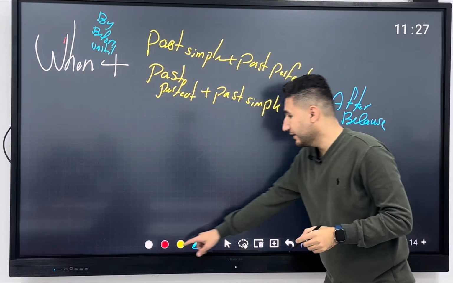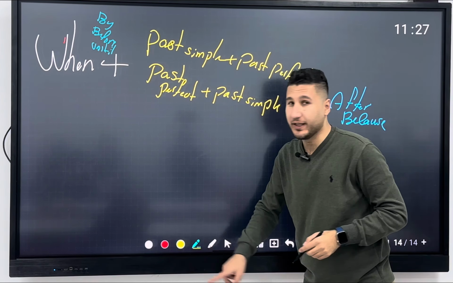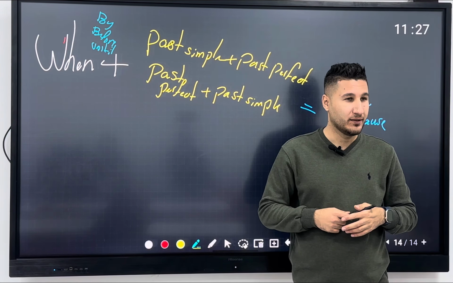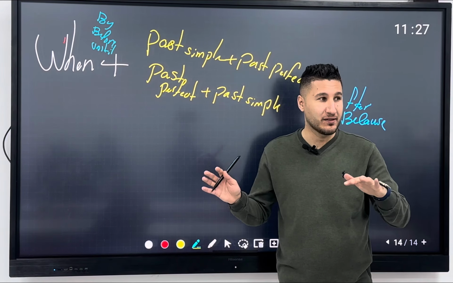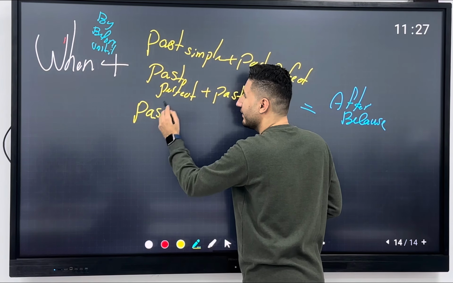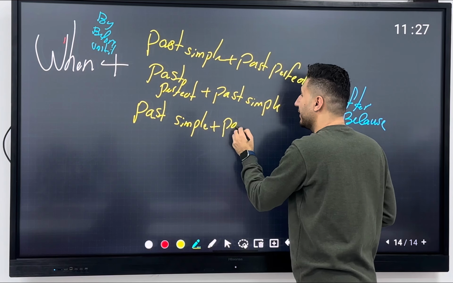And rule number 3, what was the rule for while and as? Past continuous, past simple. Here it's the opposite. We have past simple plus past continuous.